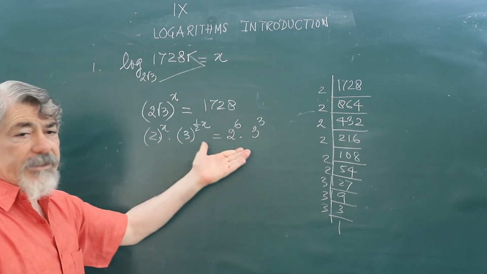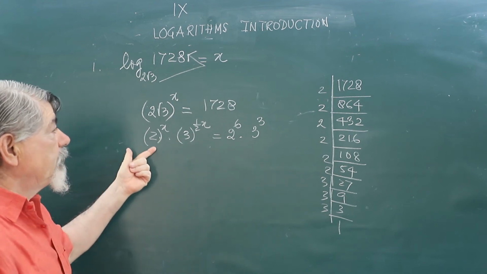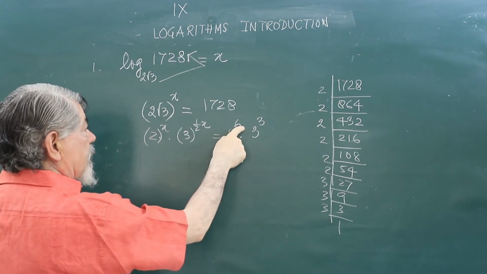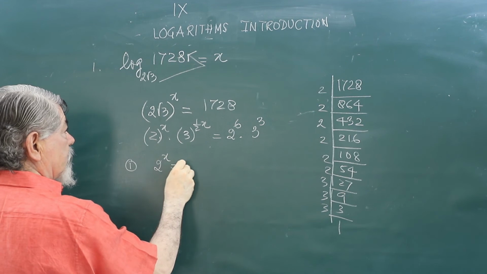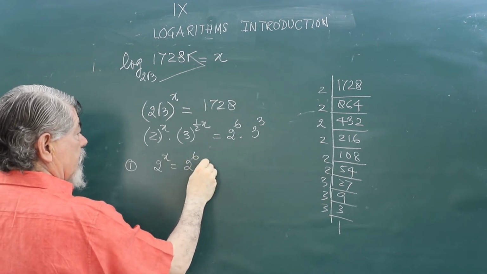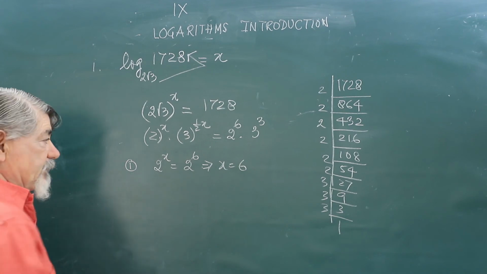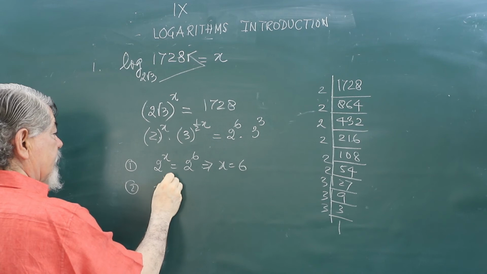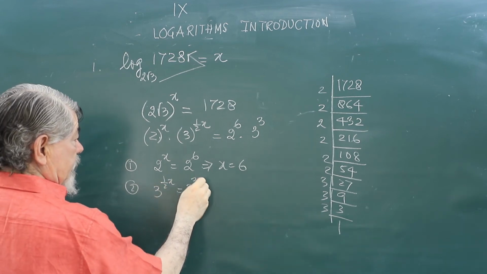Now if you look at this equation, you have got the power x. 2 to the power x is equal to 2 to the power 6, which implies x is equal to 6. We have got the value of x from here. Now 3 to the power half x is equal to 3 to the power 3.